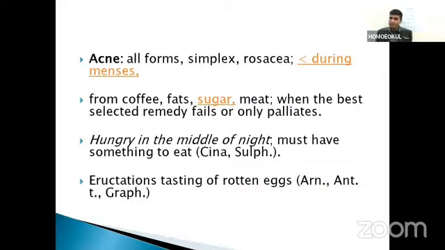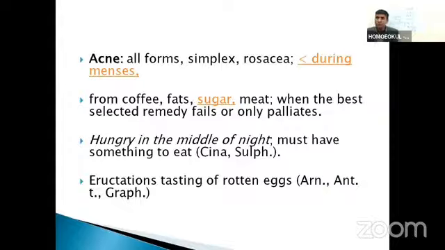Ailments from, I think first word is sugar. Not mercsol, not mercurius solubilis. I'm saying about mercurius. Got it? Ailments from sugar, insect sting, vapor of copper.